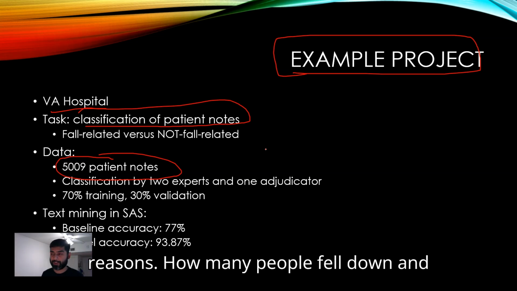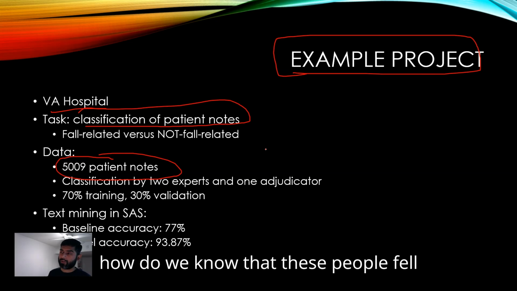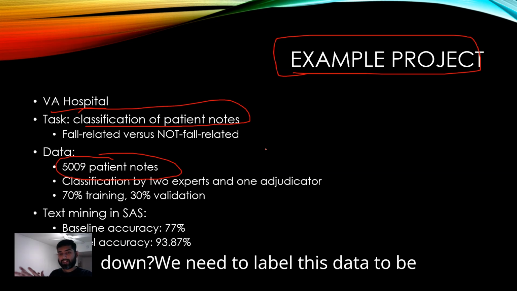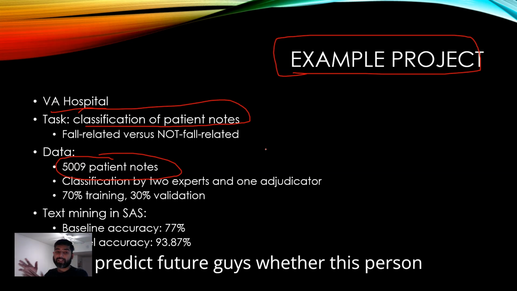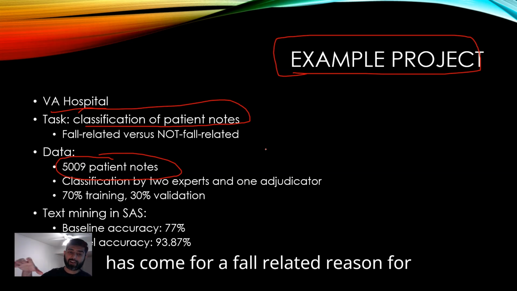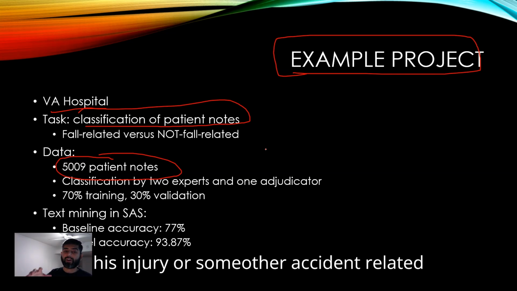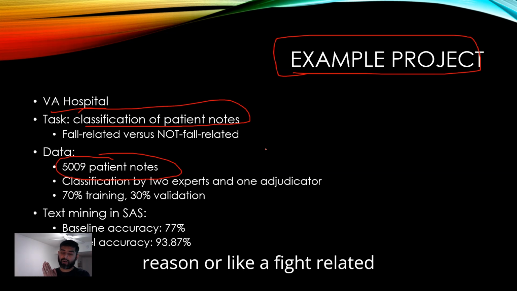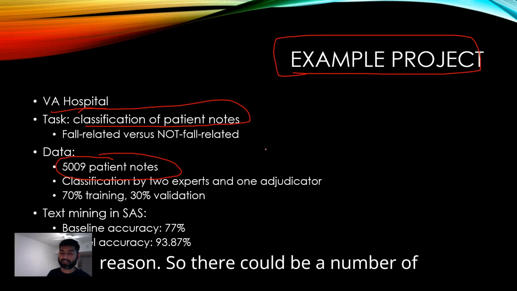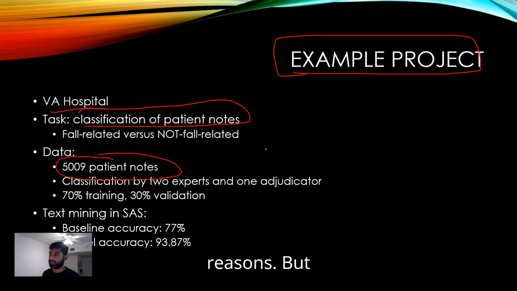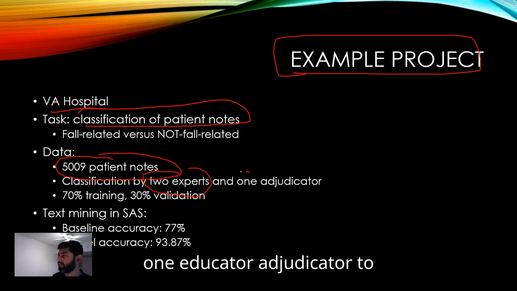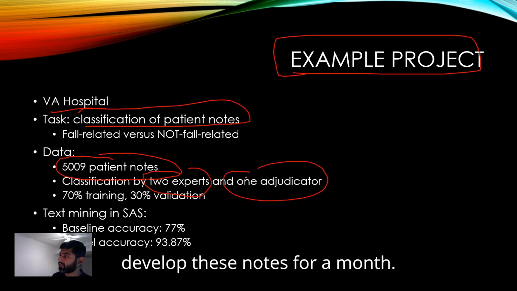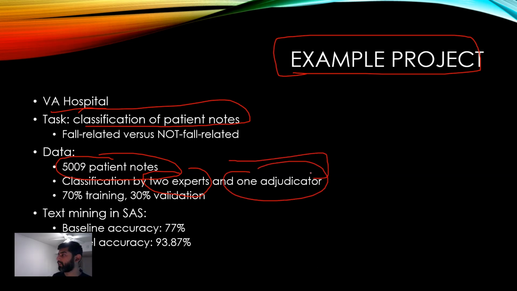How many people fell down? And how do we know that these people fell down? We need to label this data to be able to train the model so that we could predict for future patients whether this person has come for a fall related reason for his injury, or some other accident related reason, or a fight related reason. There could be a number of reasons. But he was able to dedicate two experts and one adjudicator to develop these labels for a month.